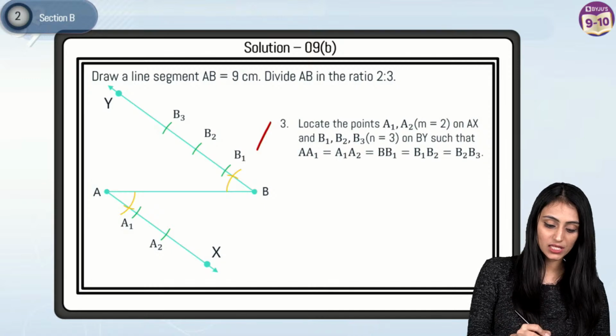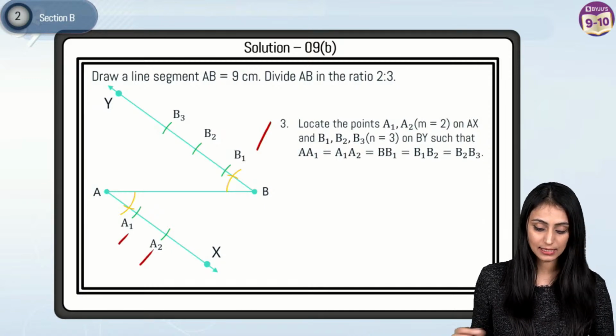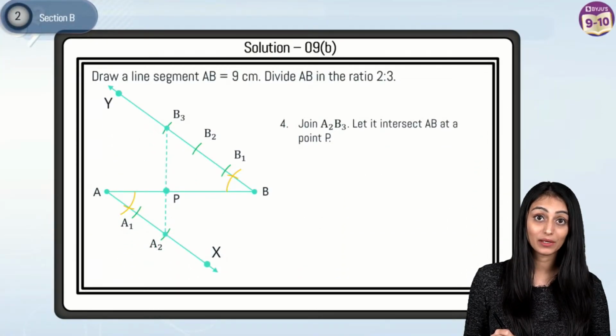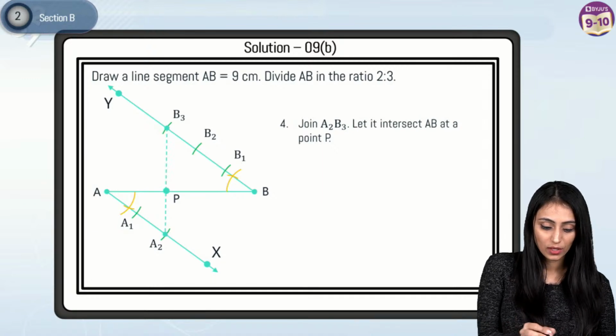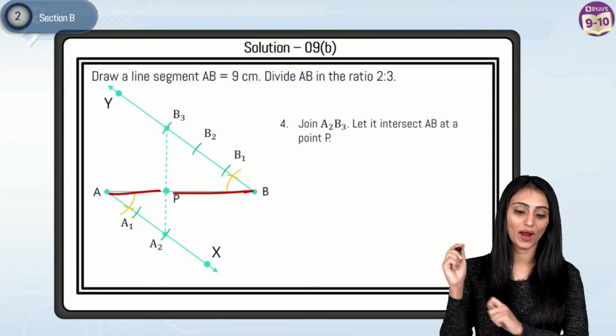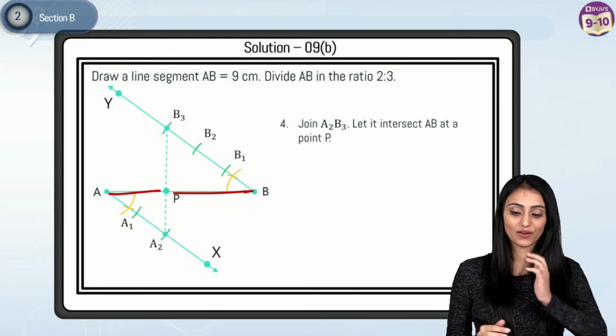Similarly, on here as well, A1, A2, these are the 2 arcs. So A, A1, A2 would be equal in this case. Now all we have to do is join A2 with B3 and let them intersect at this point P. So this is the required point, your line segment has been divided in the required ratio, 2:3. Yes. All right, let's move ahead.